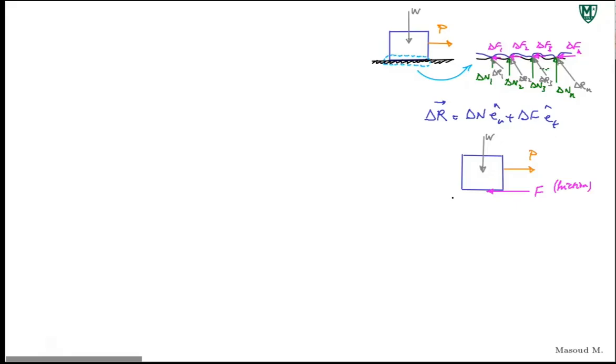Obviously, you can probably feel it when you're pulling or pushing a box. If you have a box like this, I'll try at least to give you some intuition about what happens there.